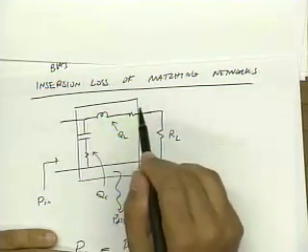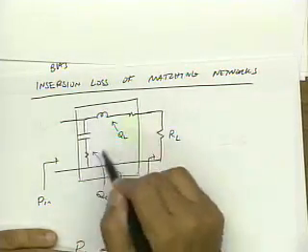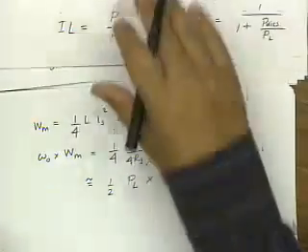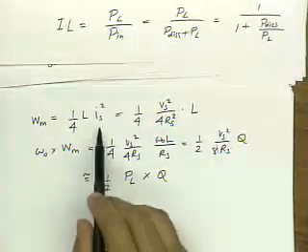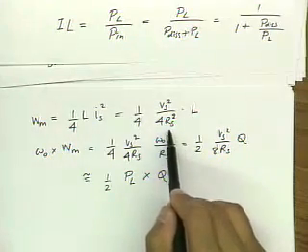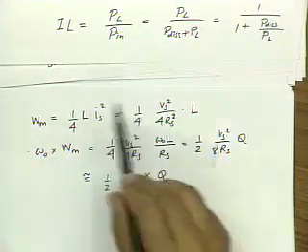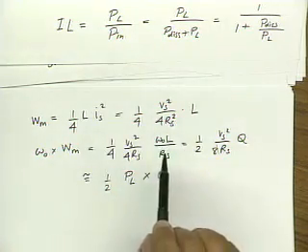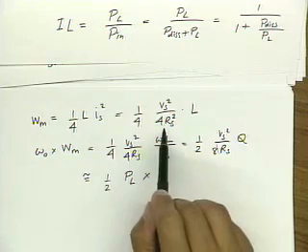And I know at resonance, the energy stored in this inductor is the same as the energy stored in this capacitor, right? So here, I know that in resonance, the current is simply the voltage divided by 2Rs, because in a series resonant circuit, L and C cancel out.